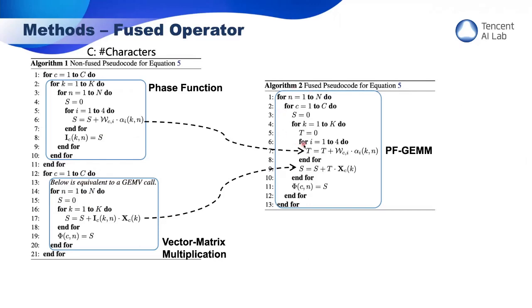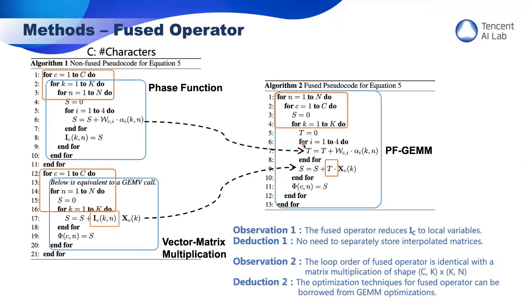We have two observations here. Firstly, the fused operator reduces the interpolation matrix, which is RC, into a local variable t. Therefore, we don't need to store them in separate matrices.